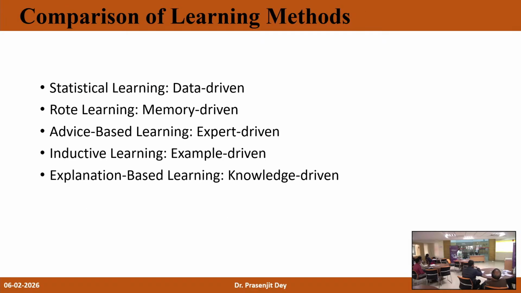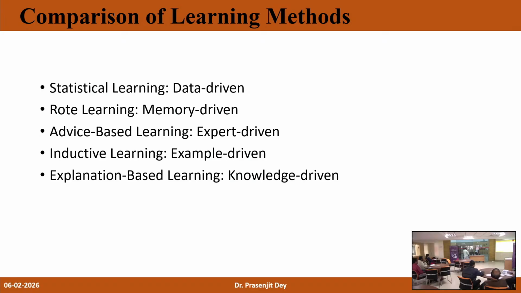If I talk about all these methods in very simple terms, statistical learning is data driven. From the data we can know the probability, we can know the stats, we can make the call. But it requires a huge amount of data, and sometimes with huge data it becomes computationally inefficient.